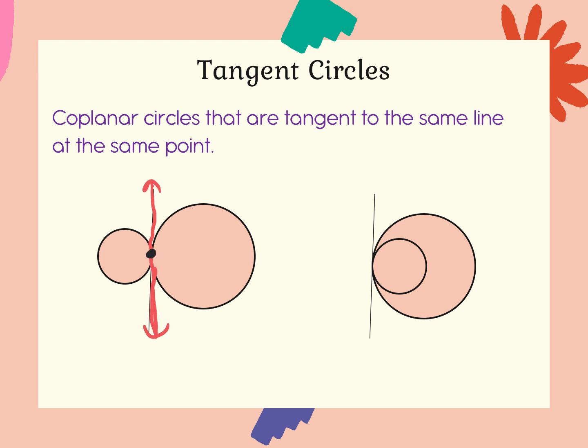Over here, the picture on the right, these are not concentric circles because they don't have the same center, but they do share the same tangent line, and the point of tangency would be right there. So when the line is tangent to both circles that are in the same plane, then those would be considered tangent circles.